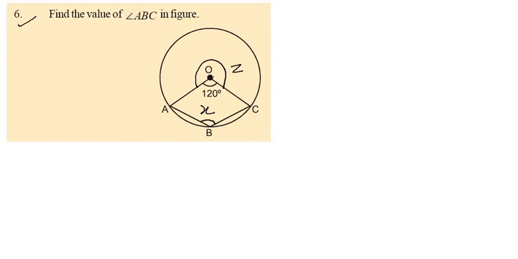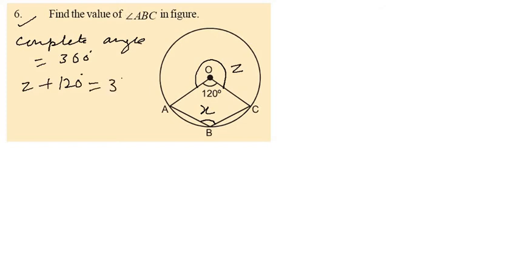So z and 120 make the complete angle, which is 360 degrees. So z plus 120 degrees is equal to 360 degrees. So z will be equal to 360 minus 120 degrees. So z is 240 degrees.